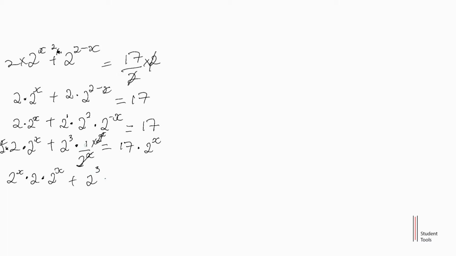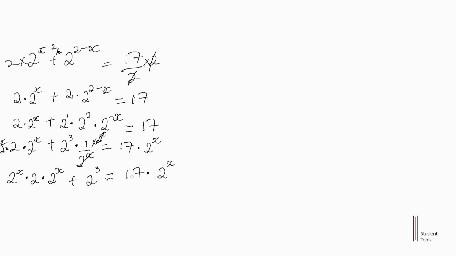Okay, this is multiplied by 1, so it remains 2 to the power 3. So this is equal to 17 multiplied by 2 to the power x. Don't be confused by this. It's not a point, it represents multiplication.